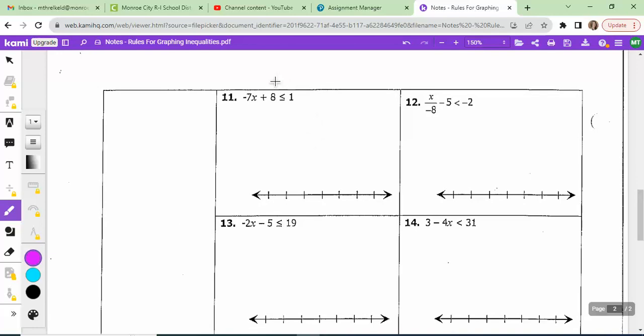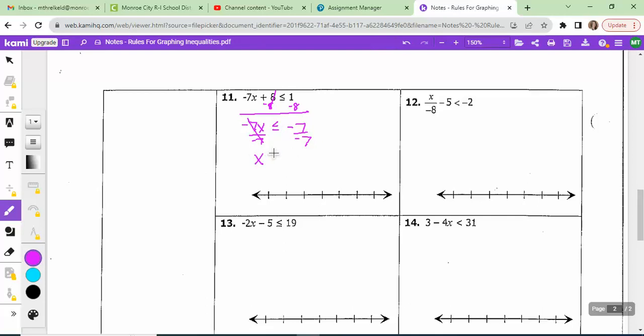What do we do first? Subtract our 8. So negative 7x is less than or equal to negative 7. Then we divide by negative, so what happens? The sign flips.